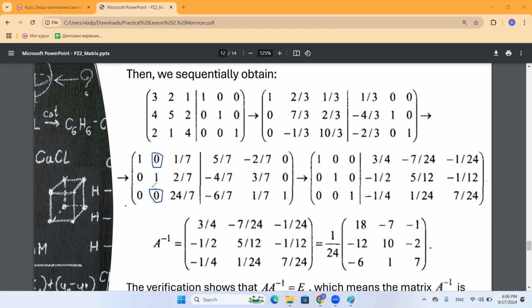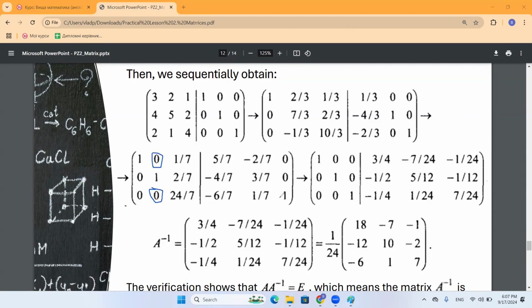So I need to transform this matrix on the left to the identity one. So here we have zeros, and analogically here we just divide this row by 7/3.